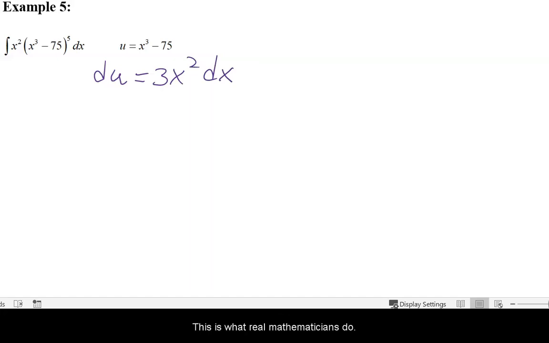This is what real mathematicians do. We don't like unnecessary steps, but we won't leave out a step that is necessary. So we'll take a shortcut and abuse the notation and swing the differential for the original variable to the other side while we're finding the differential of the new variable u.